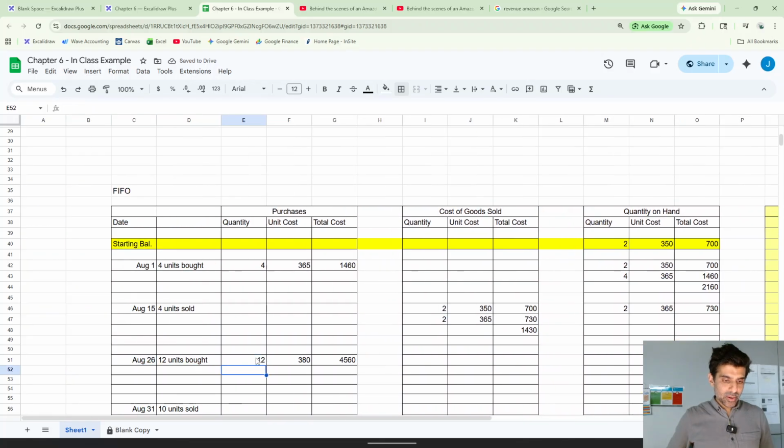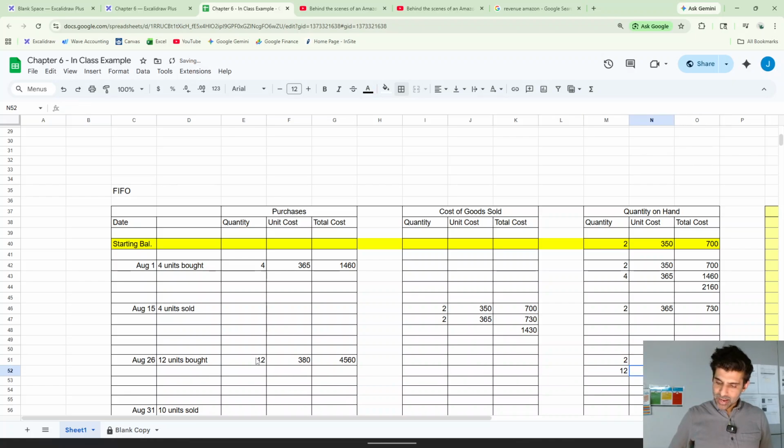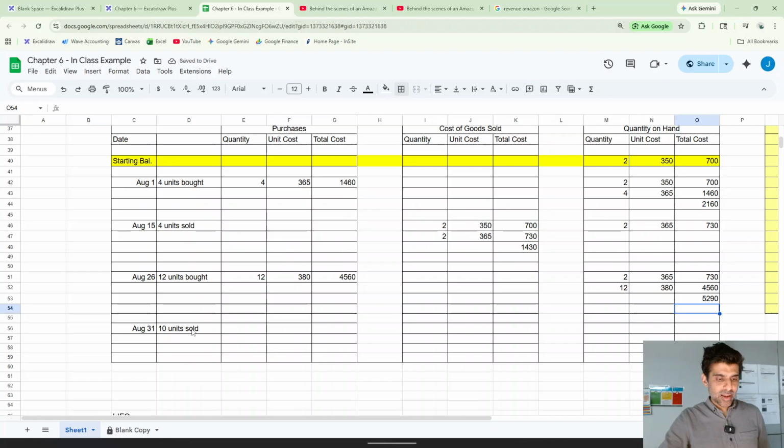Okay, and now, our ending inventory, again, we have 2 units at 365 that are carrying over. And then we have 12 more units at 380. Okay, so now we're gonna sell 10 units.